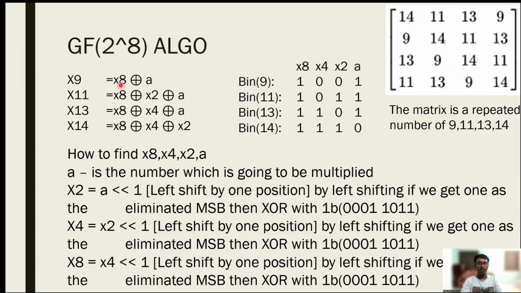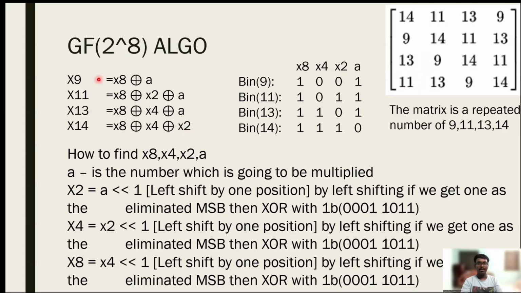If we multiply it with 11, we get x8, x2, and A, and XOR them. If we multiply with 13, we get x8, x4, and A, and XOR all of these. Same for 14, we have x8, x4, and x2.